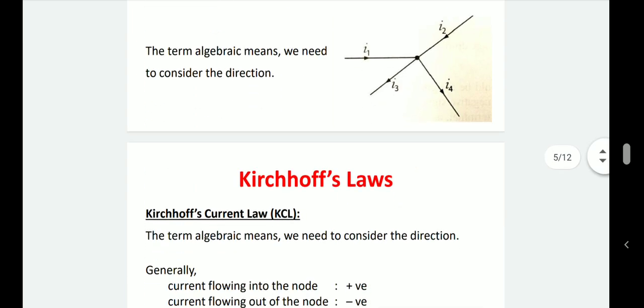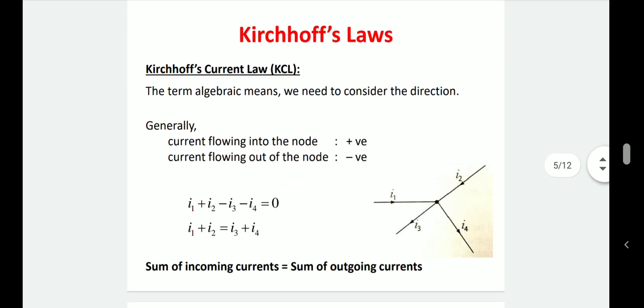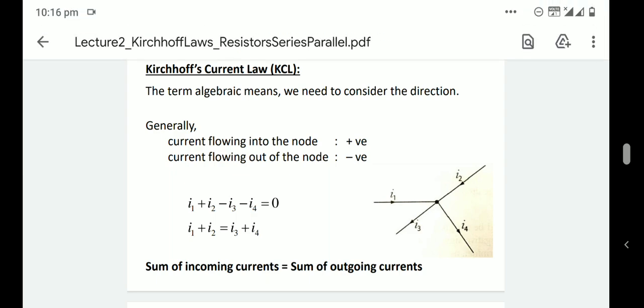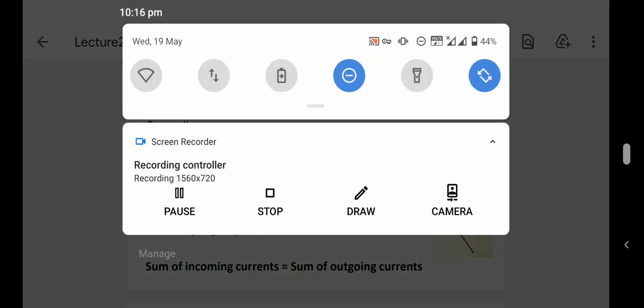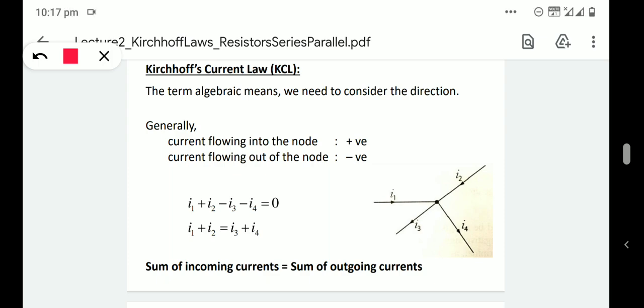Anyway, by analyzing this law, suppose we have a node like this, with 4 currents meeting at this particular node.